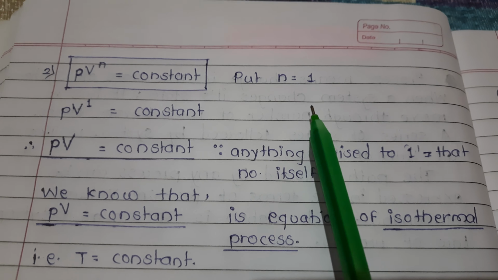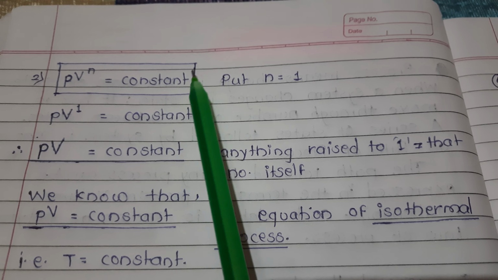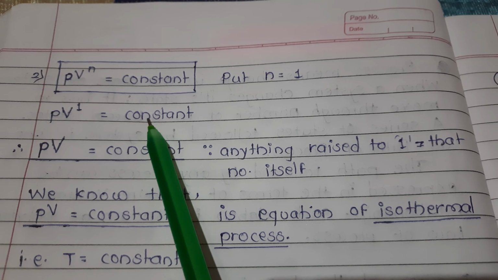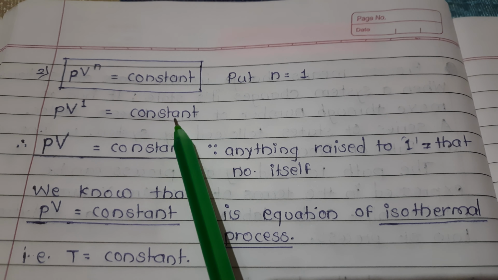After that, put n = 1. PV^n = constant becomes PV^1 = constant.